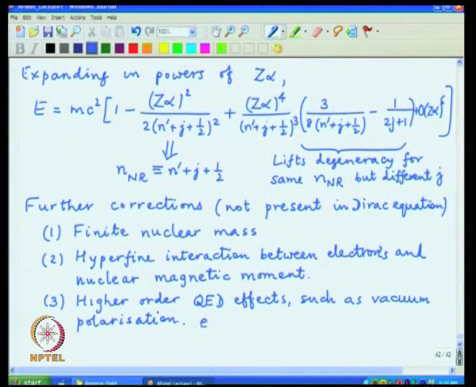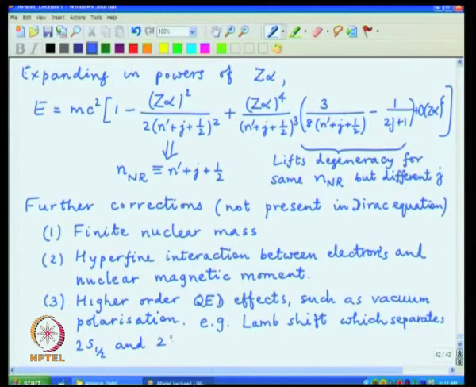various ways, and the famous example of this particular effect is something which is known as the Lamb shift, which separates 2s and 2p energy levels, and historically this Lamb shift provided a very important step in establishing the theory of quantum electrodynamics.